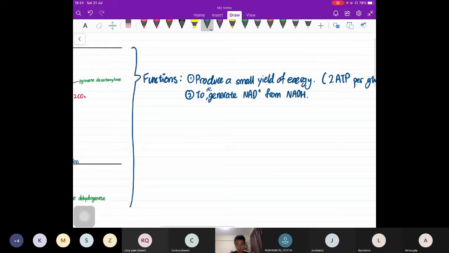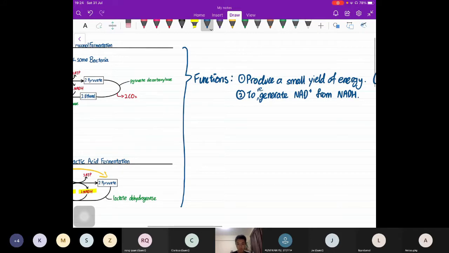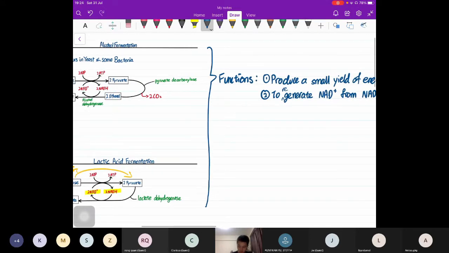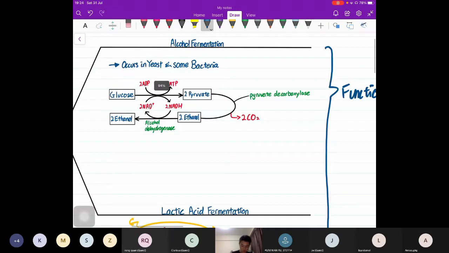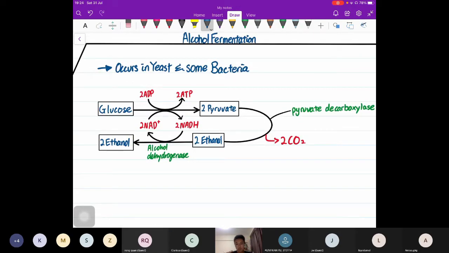And why you need to regenerate your NAD+ from NADH is because you need your NAD+ to get reduced. That's why there's that upper arrow here, and that's why there's that lower arrow here. The upper arrow, your NAD+ has to get reduced to NADH to convert glucose to pyruvate.